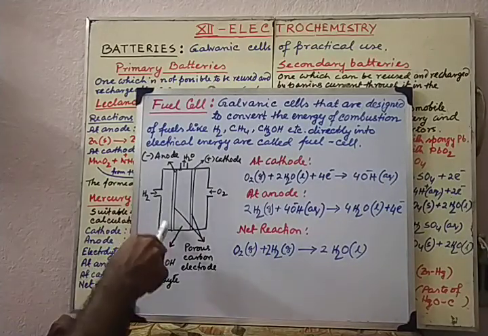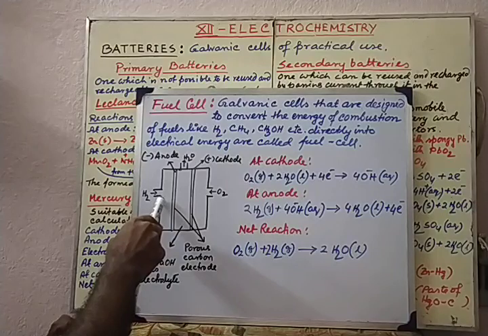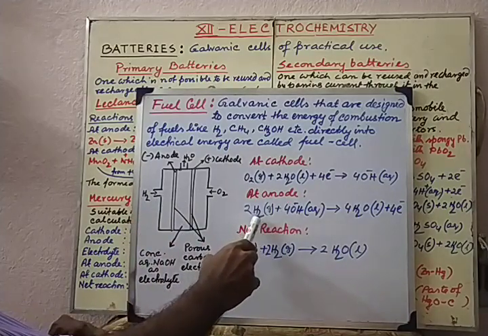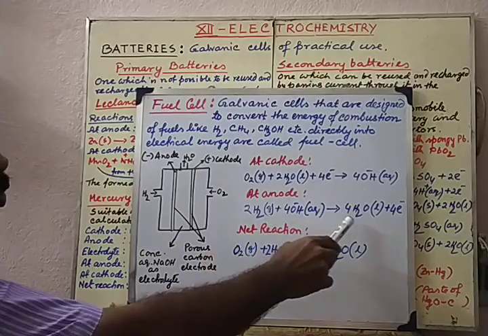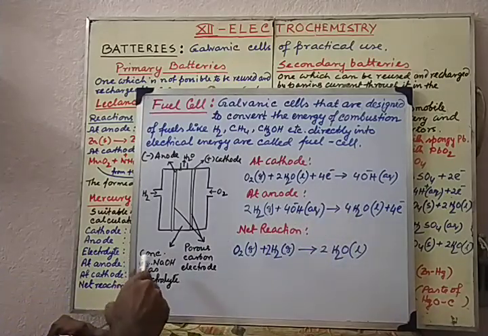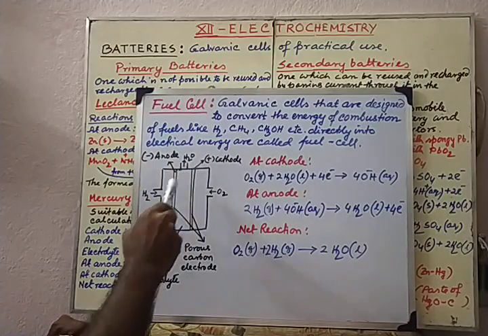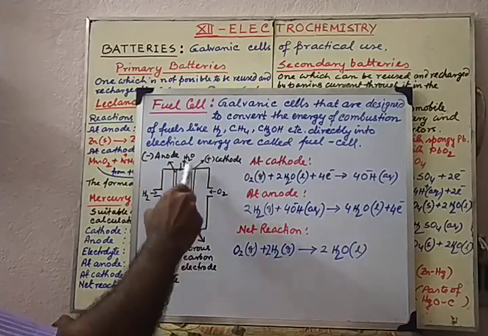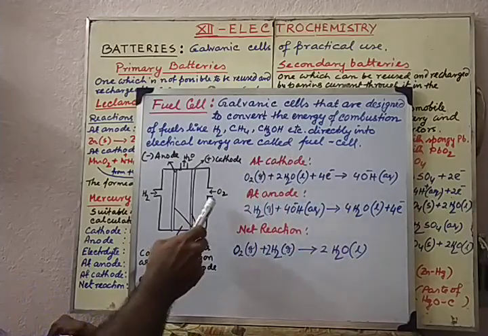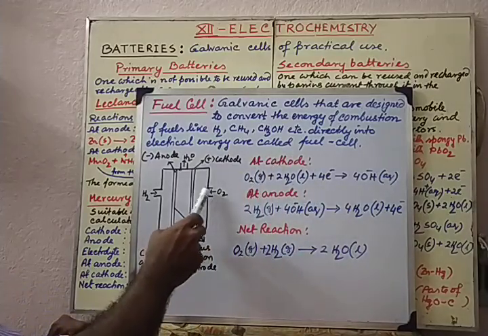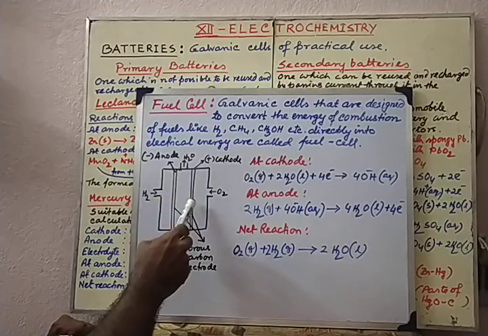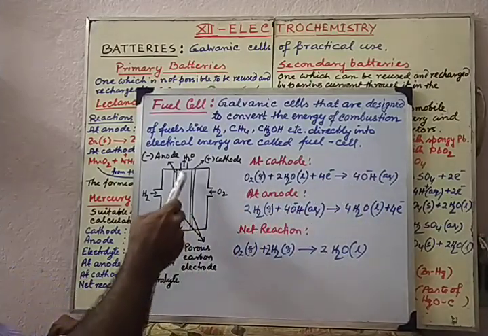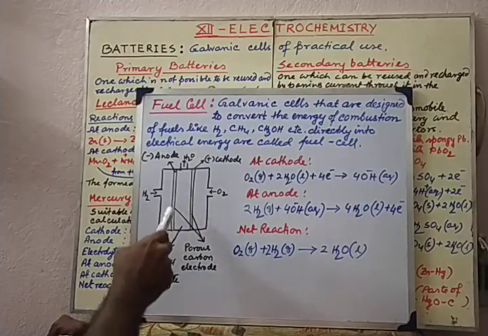Now you find that in the anodic chamber hydrogen gas enters. At the anode, hydrogen is oxidized to form water with the loss of electrons, and those electrons flow through the connecting wires to the cathode. There those electrons are taken by oxygen. Oxygen comes into this oxygen chamber. There it gains electrons to be reduced to form OH- ion. Through the pores of the carbon it goes into the solution.